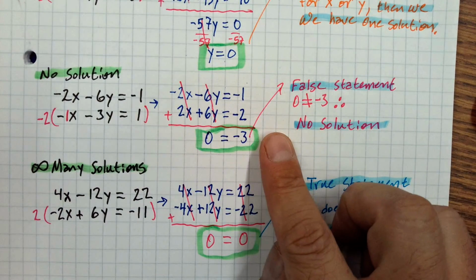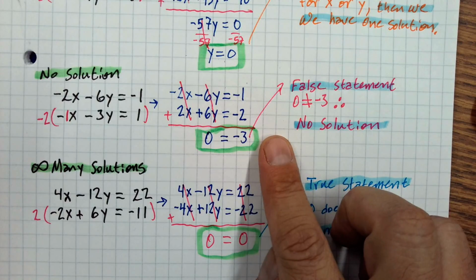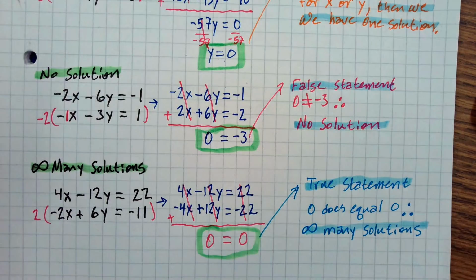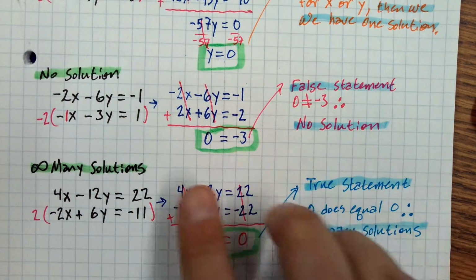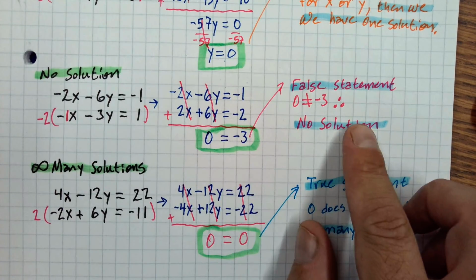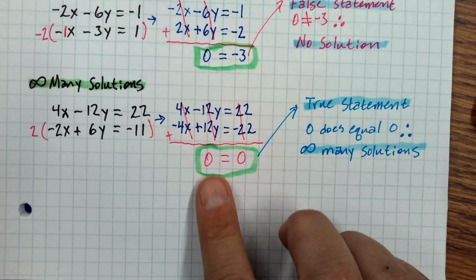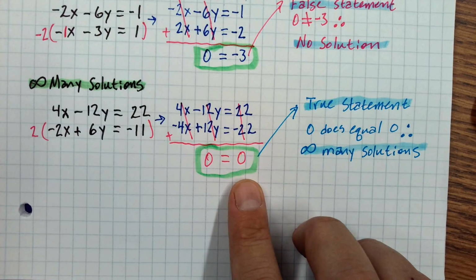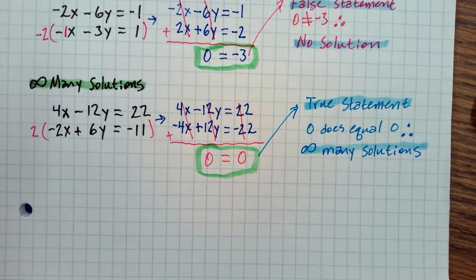If halfway through the process you end up with some false statement, usually 0 equals something not equal to 0, 0 equals 7, 0 equals -3, you got no solution. If you end up with 0 equals 0, you have infinitely many.